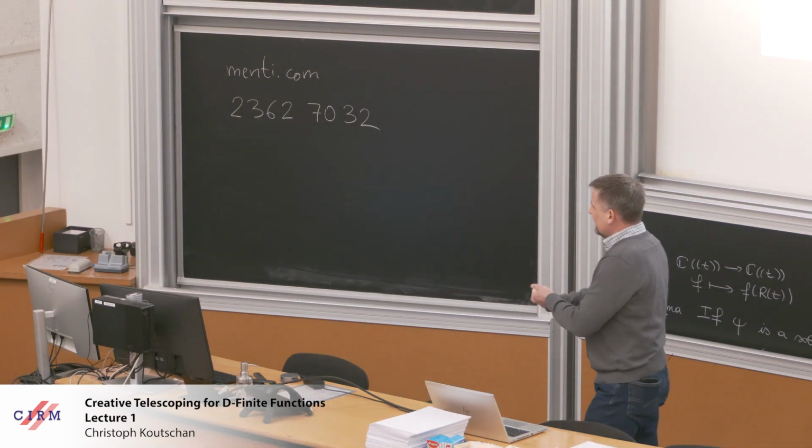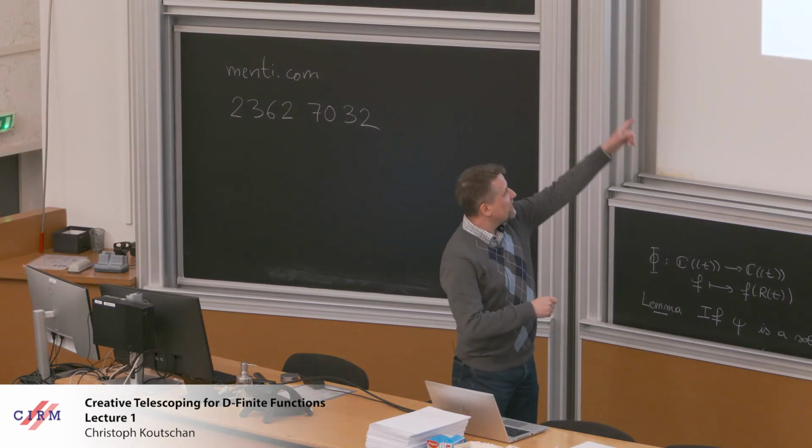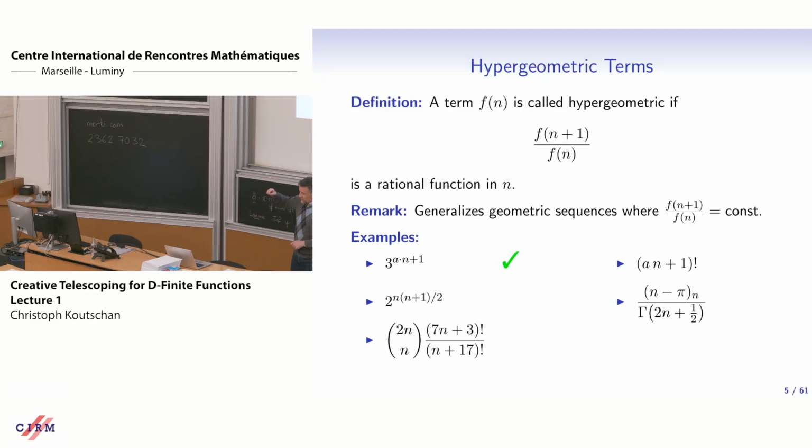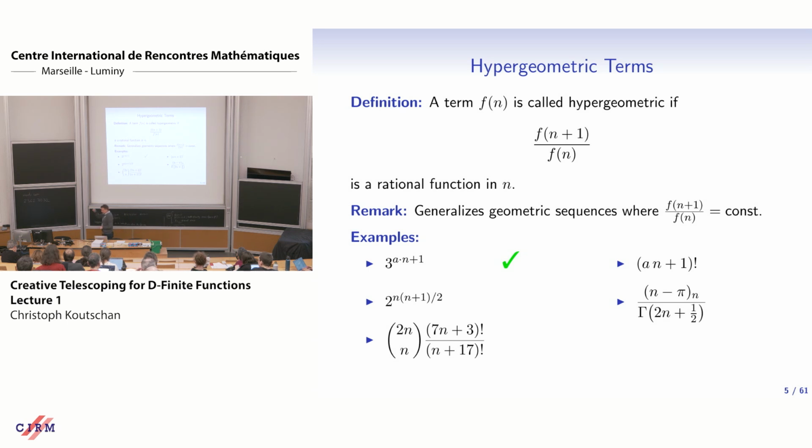Then you should see these expressions and have the possibility to choose your opinion on which of them are hypergeometric and which are not. You should tick those that you think are hypergeometric, and you don't tick those which are not.